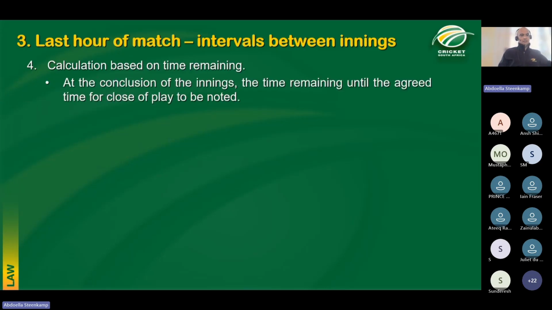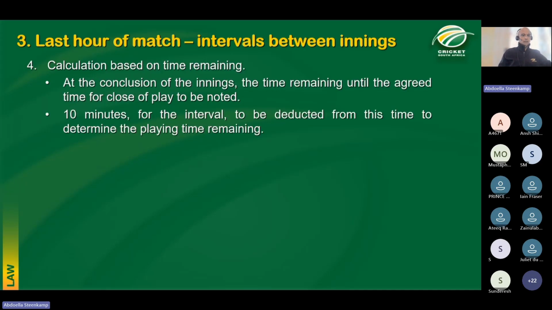Also 3 steps to follow here. The first step is, when the innings ended, calculate the time that remains until the close of play. Second step, take your answer in bullet point 1 and subtract 10 minutes from it for the change of innings interval.